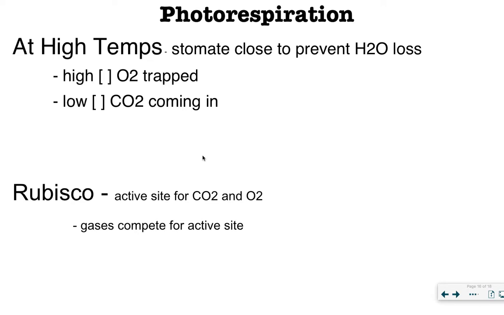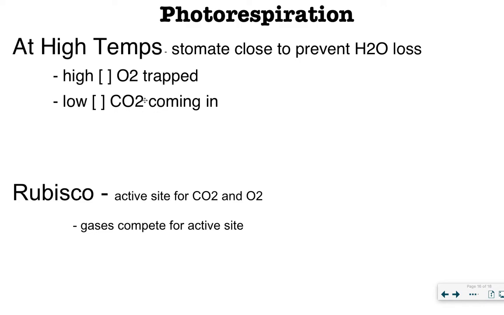Another negative repercussion from closing the stomata is that rubisco, the enzyme involved in the Calvin cycle, has an affinity for both carbon dioxide and oxygen. When rubisco binds CO2, the Calvin cycle occurs.